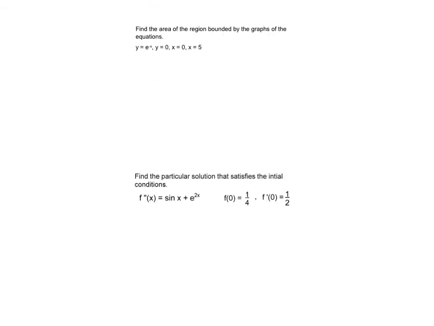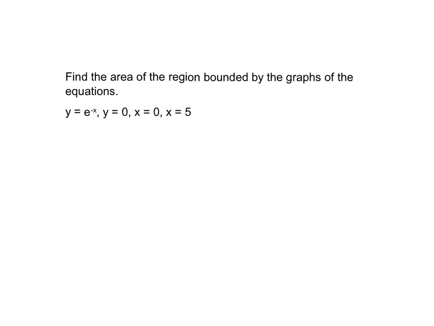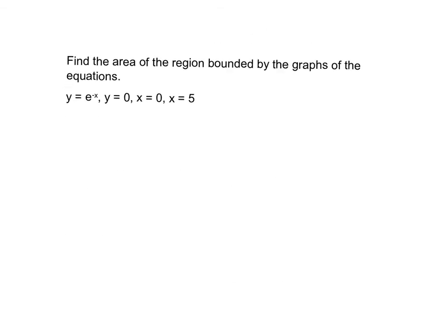All right, last two pages. Okay, again, millionth time we've done this, but now with e to the x. So find the area between y equals 0, x equals 0, x equals 5. What does that look like? 0 to 5, right.